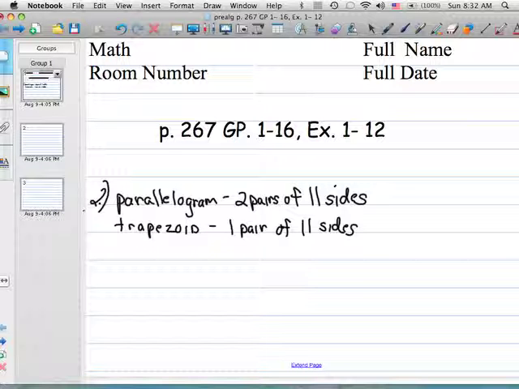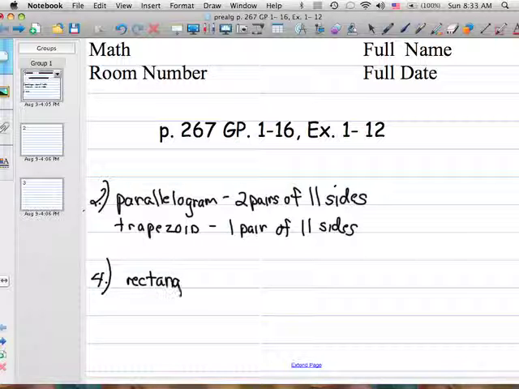Four, 5, and 6 refer to the terms defined in the chart on page 266 and list all the names that apply to the figure. Well, number 4, if we look at the figure, we have 4 right angles, opposite sides are equal and congruent, and opposite sides are parallel. So that would make it a rectangle.